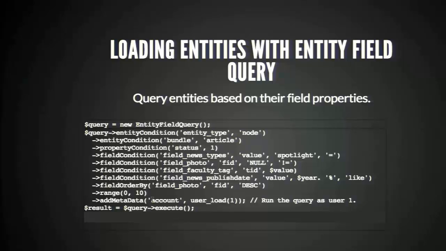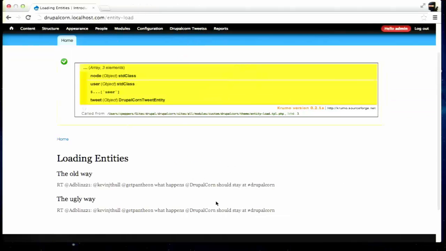There are other things, and these can be really simple. This is kind of a more complex version of it, but there's also things like this add metadata. Basically, you're running the query as the admin, so if there's anything blocking certain types, and let's look at that.